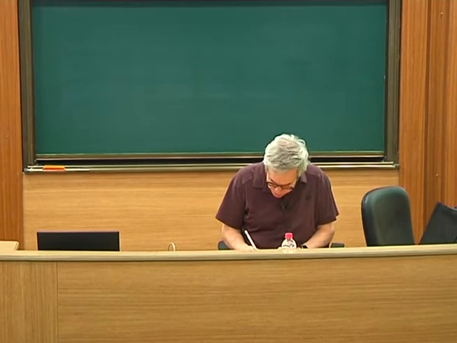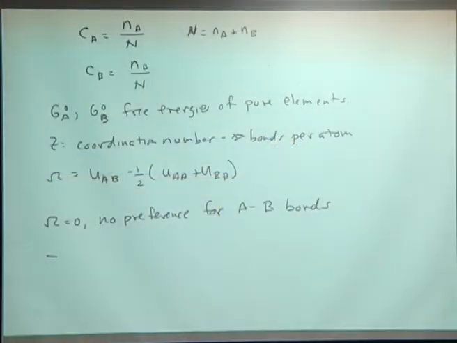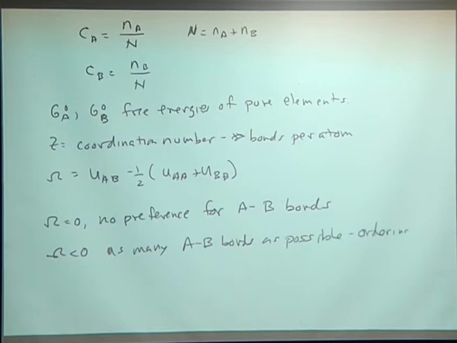So omega equals 0 is the simple case here where you have no preference for AB bonds. Omega less than 0, you want as many AB bonds as possible. And this is ordering, and we'll talk a little bit about that in a second.